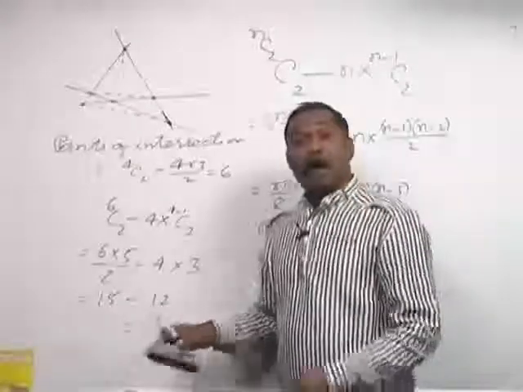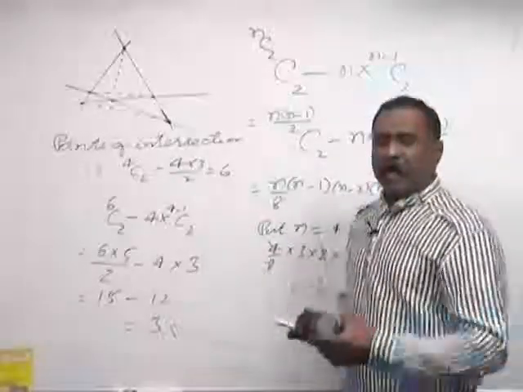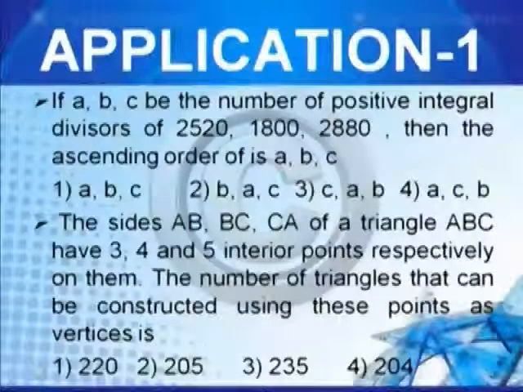Now if you see another problem, please see the second problem. The sides AB, BC, CA of a triangle ABC have 3, 4, and 5 interior points respectively on them.